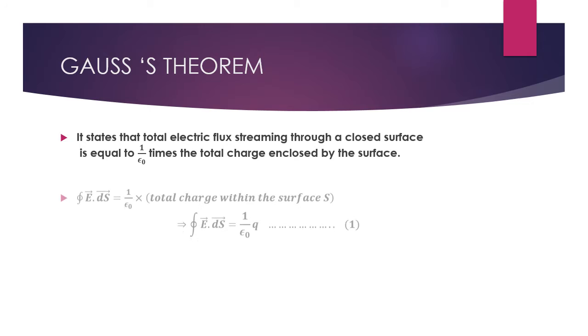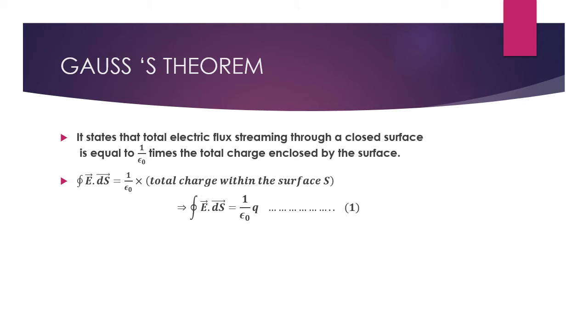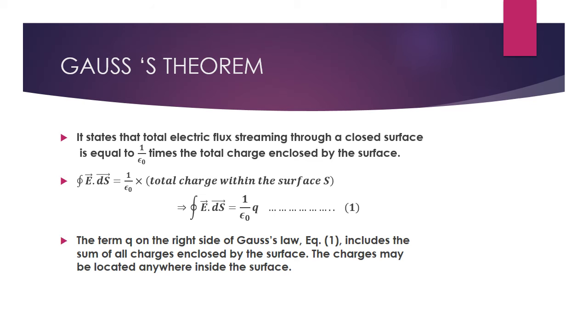We know that the total electric flux streaming through a closed surface can be represented by an integral shown in the left hand side of the given equation. So, according to Gauss's theorem, this integral must be equal to 1 by epsilon 0 multiplied by total charge within surface S. Here, symbol Q represents the total charge enclosed by the surface.